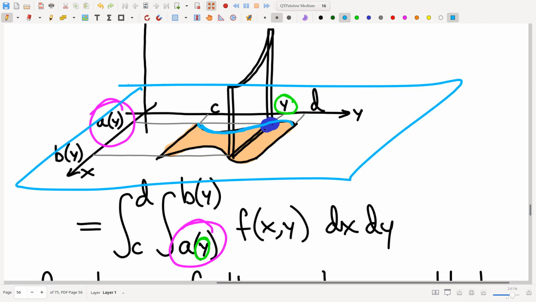All we need to figure out what's changed, how these bounds are different, is entirely interpretable from just looking at the domain itself. The height doesn't affect the bounds. The height only tells you what the integrand is, and we already knew that anyway. It's a big point. Does everybody see what I'm saying there?